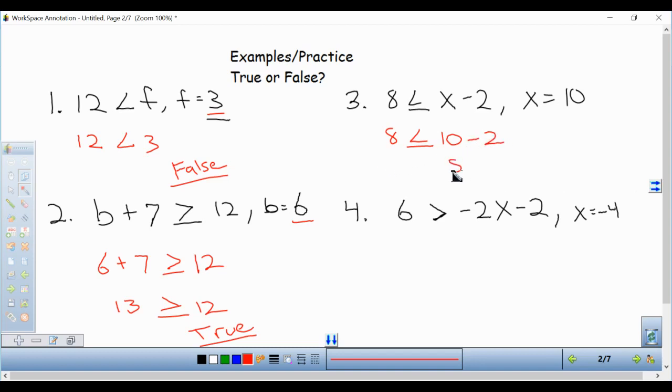So 10 minus 2 is 8. Bring everything else down. Is 8 less than or equal to 8? So here we see, is 8 less than 8? No, it is not. 8 and 8 are the same. But this sign is 8 less than, because we see the smaller side first, less than or equal to 8? And in that case, yes, it is. It is equal to 8. So it is true.